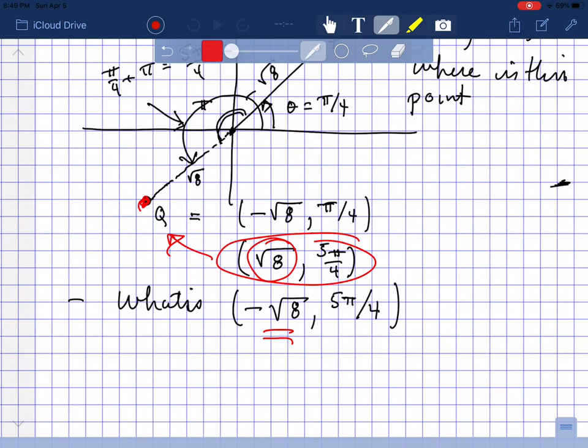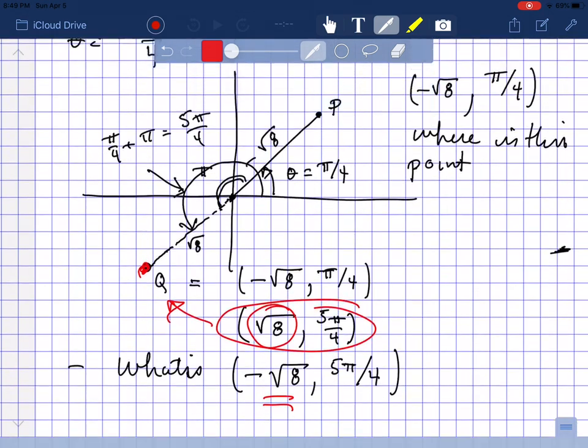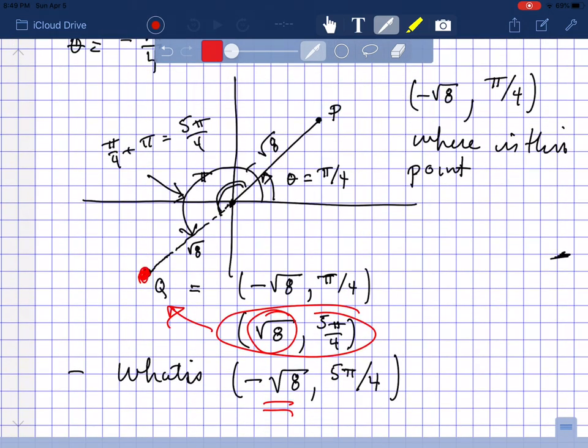If I make this negative, as we have sitting here, then this is just going to represent the reflection of this point about the origin, which gives us the point P. So in polar coordinates, I have minus the square root of 8, comma, 5 pi divided by 4.